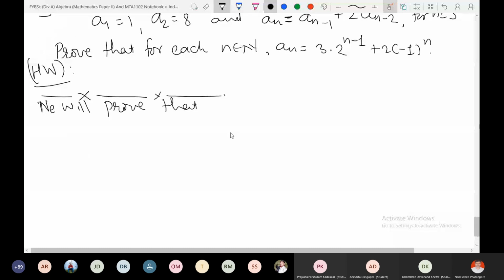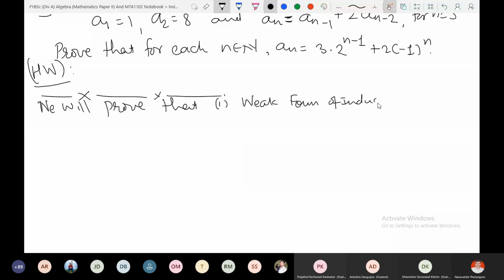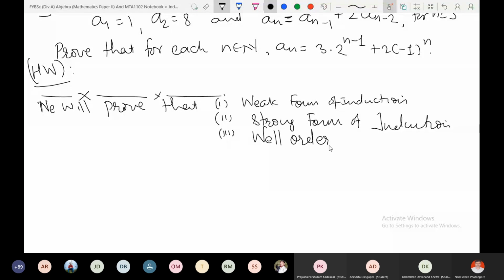So we'll try to prove during the practical session that the weak form of induction, the strong form of induction, and the well ordering property are all equivalent.